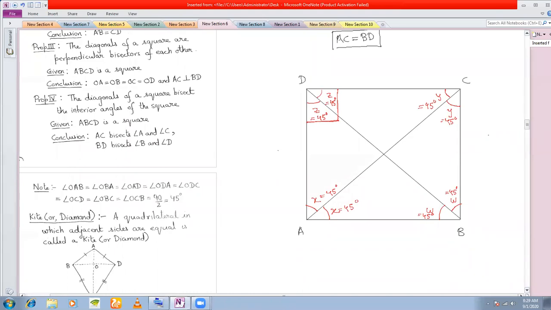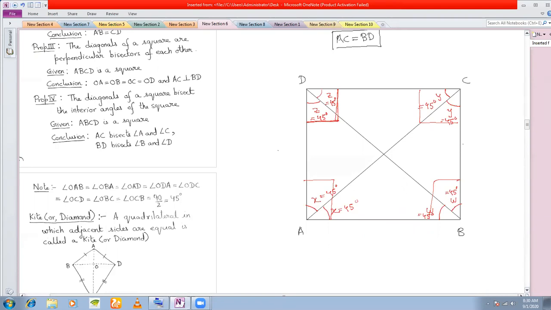You must see the difference between this property and the property in the case of a rhombus. In a rhombus, this property was there, that the diagonals bisect the interior angles. But in a rhombus, we did not have all four angles being 90 degrees. We did not have this. So that is why in a square x becomes 45, y becomes 45, z and w also become 45 each.